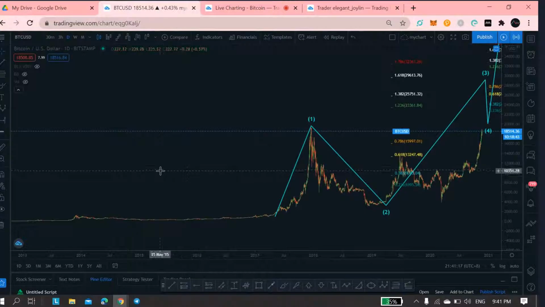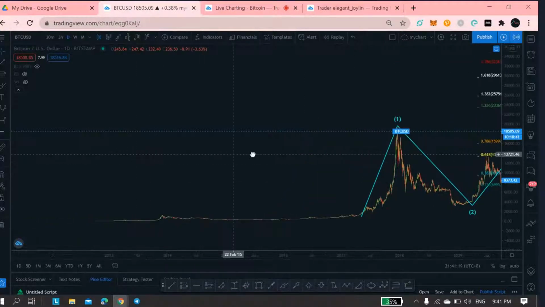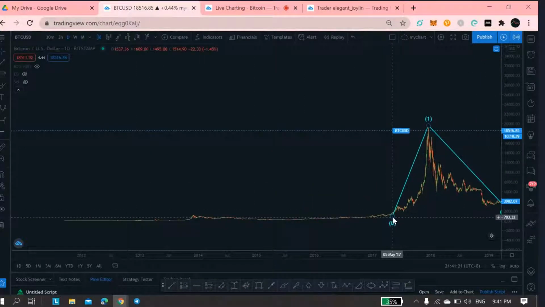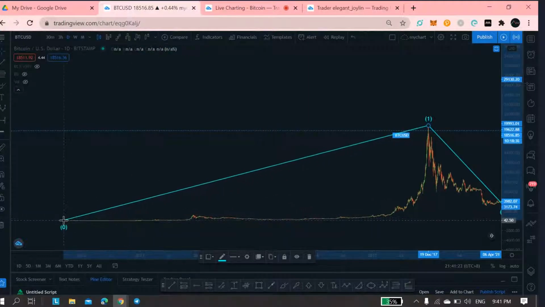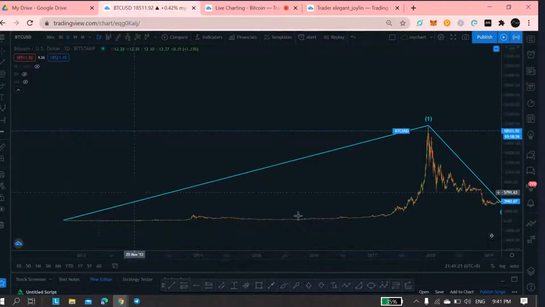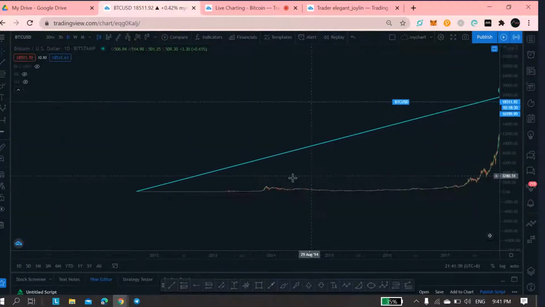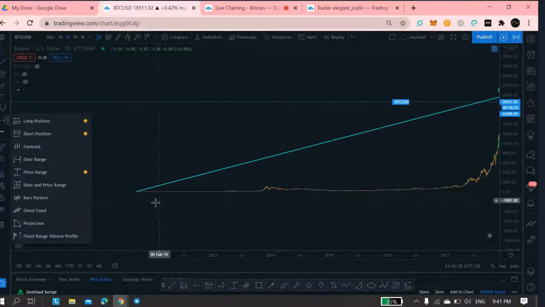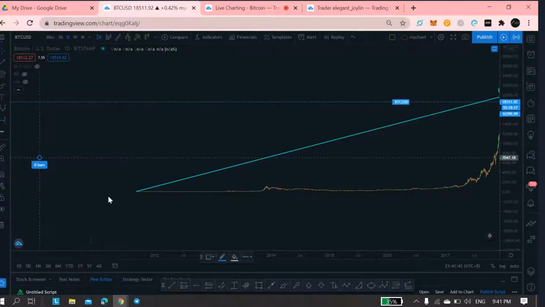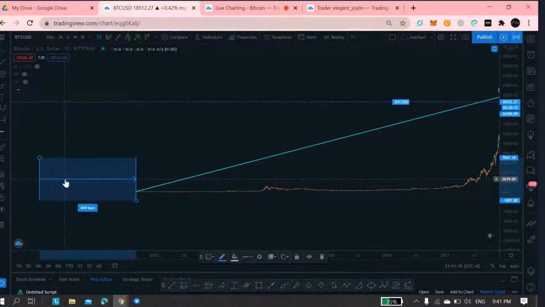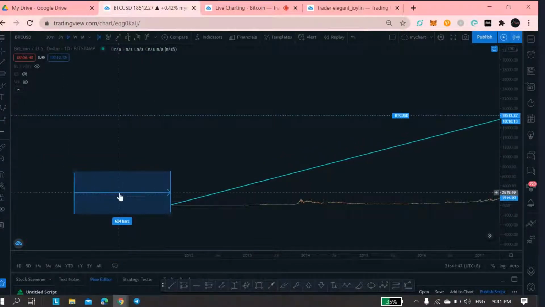So that wave 1 is very long. Possibly this is a super cycle. That is the wave 1 that started around 2011. So let's measure that from here.